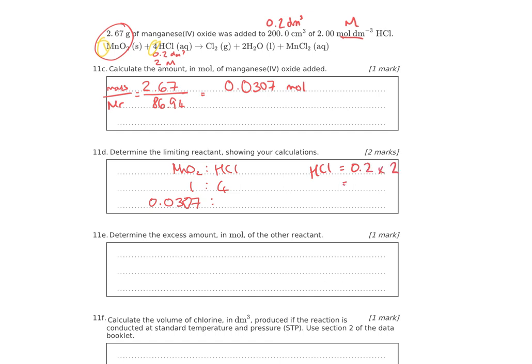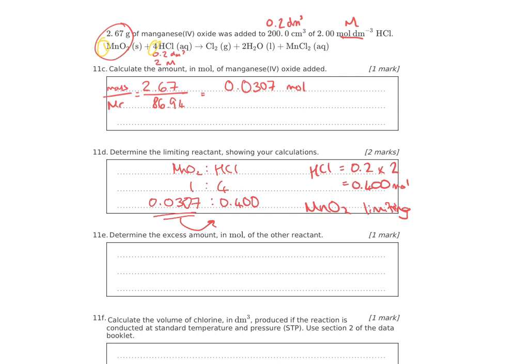So it's going to be 0.4 mole. So you can see straight away that's over 1/10 of it. So I can see straight away that I don't have enough of the MnO2, but what I could have done is times this number by 4, or divided that number by 4 to see if I had enough or not. So my MnO2 is limiting. And just doing the calculations like that will get you the mark, but you must state that it's limiting.